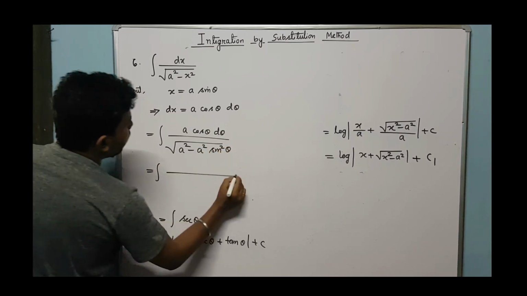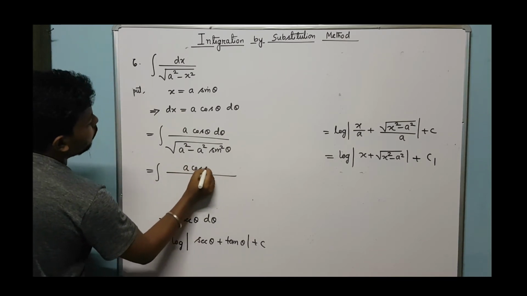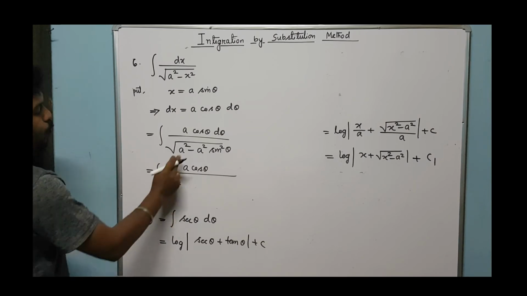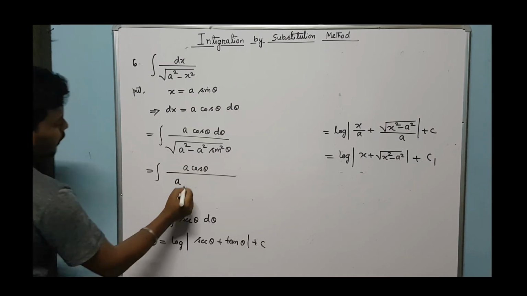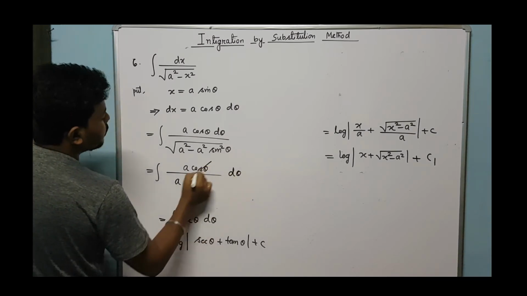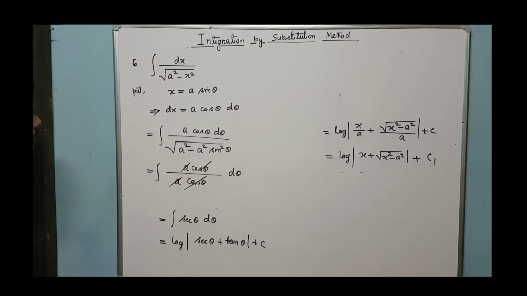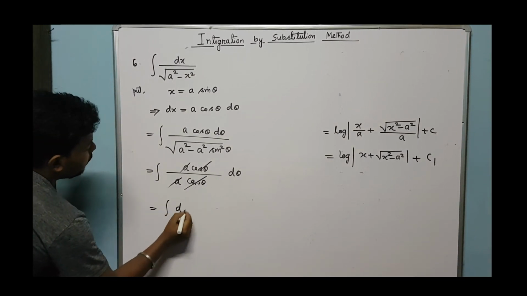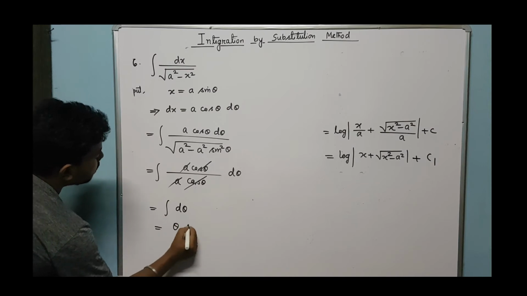Now if you take a square common from the denominator, a is taken out, 1 minus sine square is cos square, take square root, it is cos theta, then d theta. Cos cancels, a cancels, it is nothing but only d theta. If I integrate d theta, I will get theta plus c.